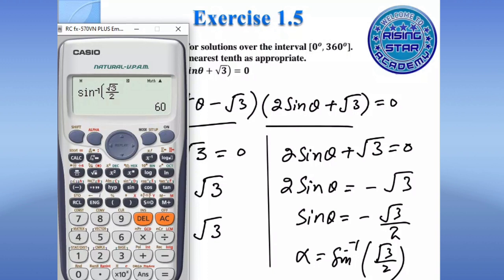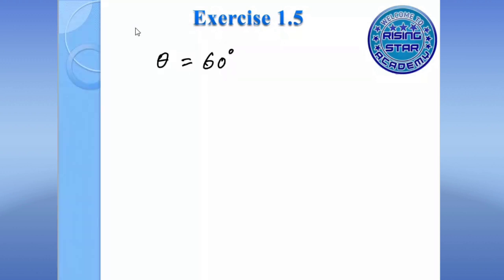So this negative sign shows that the angle lies in quadrant number 3 and quadrant number 4. Let me show you the working.